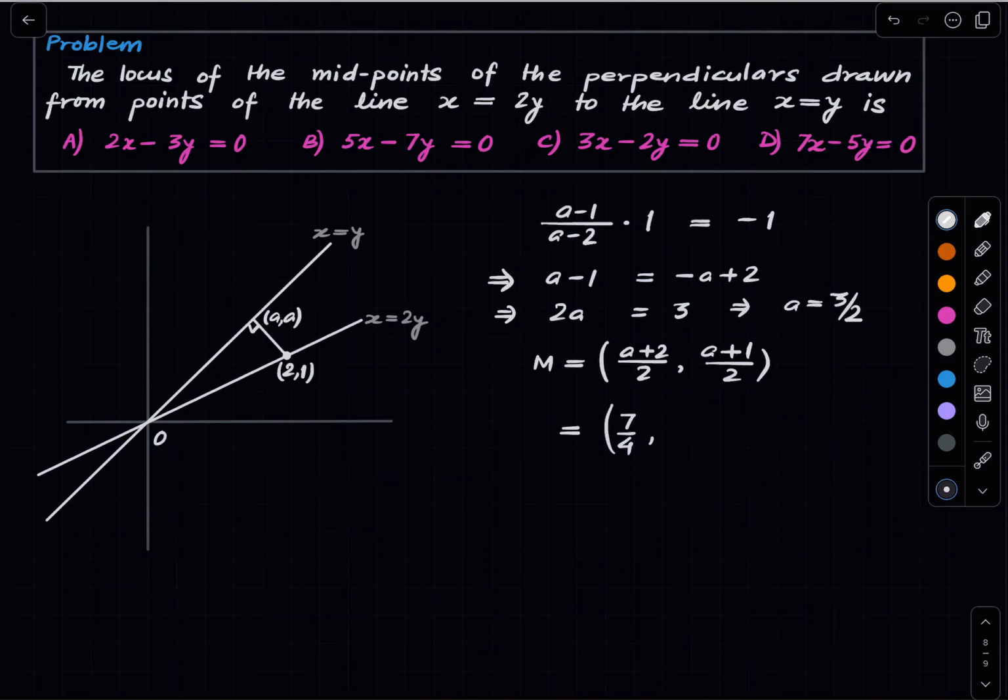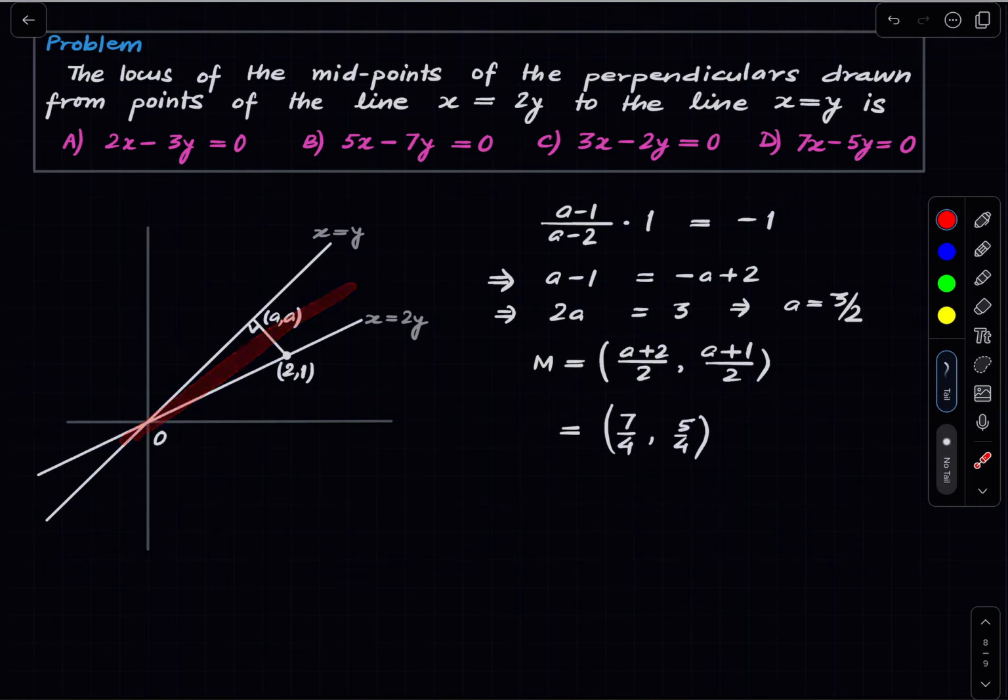Because a plus 2 is 3 by 2 plus 2, which is 7 by 2, and then there's the denominator of 2. And a plus 1 by 2 would be 5 by 4. Okay, so that's 7 by 4 comma 5 by 4.